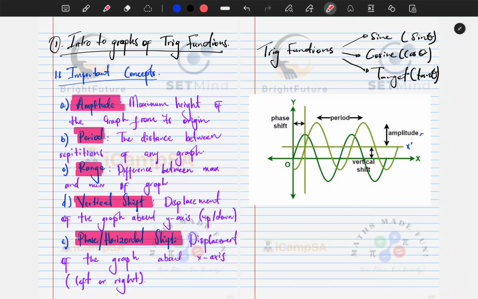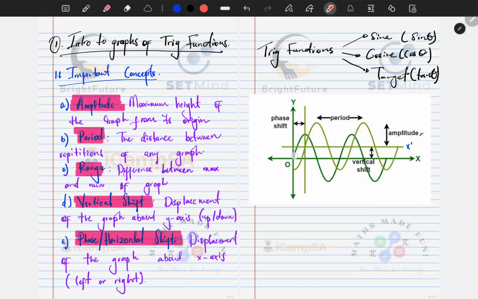Great. And then you have your phase or your horizontal shift. Your phase or horizontal shift is the displacement of the graph about the x-axis. Either the graph will move to the right by X amount of units, or move to the left by X amount of units. If you look at this graph, it has moved to the right by X amount of units.